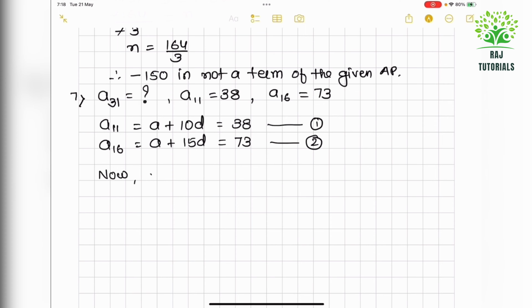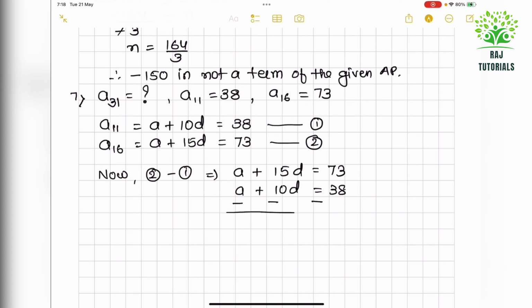Now, doing 2 minus 1. So, it's A plus 15D equal to 73, A plus 10D equal to 38. Subtracting them, A got cancelled. 5D equal to 35.